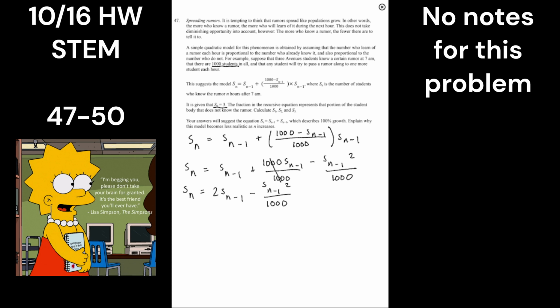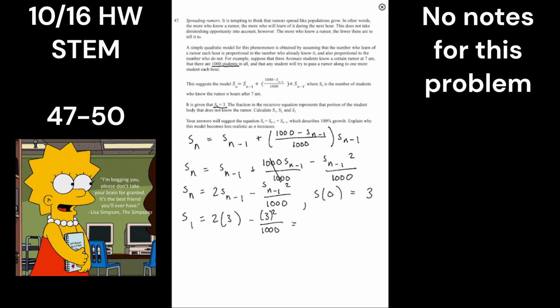Knowing that S0 is 3, S1 would be equal to 2 times 3 minus 3 squared over 1,000. I'll put this in parentheses to input what I showed.